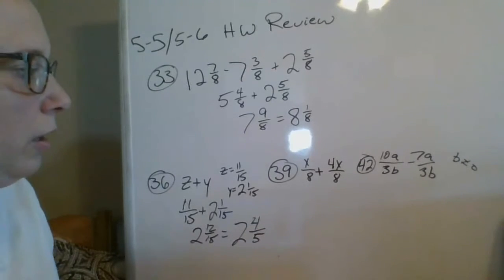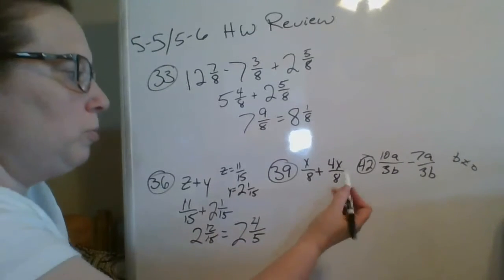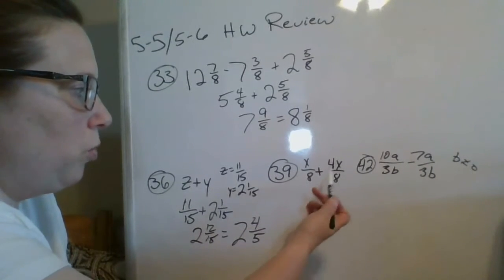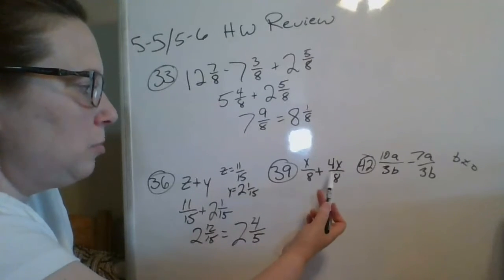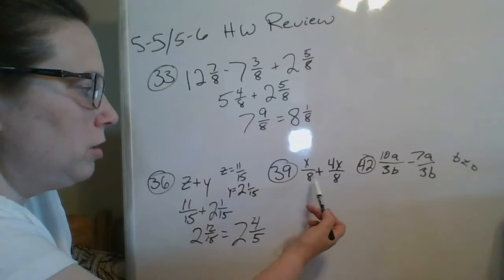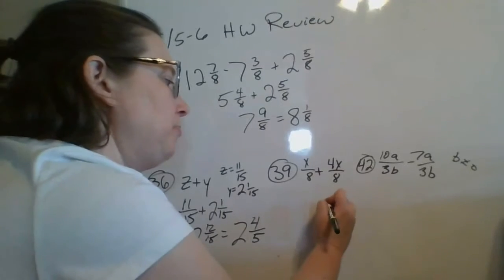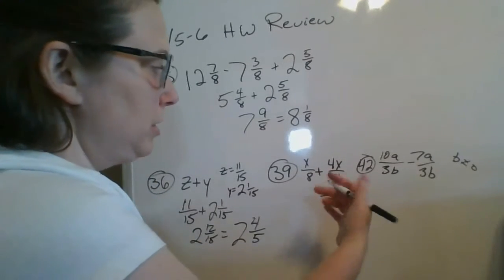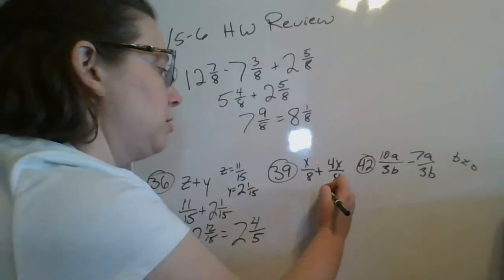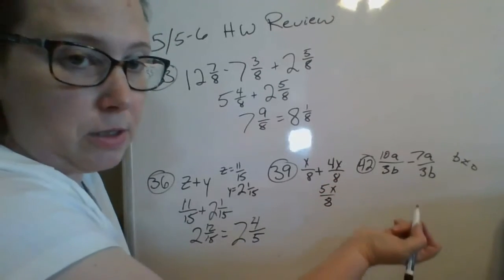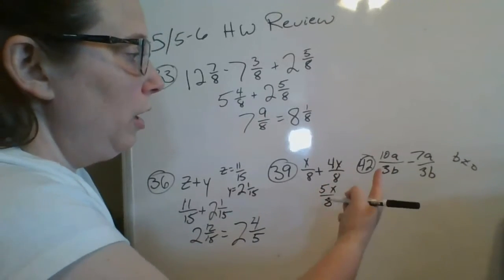Next up, we have some variables that we do not know what they are equal to. We can add these to simplify because our denominators are the same. So denominator would stay the same. Say I have 1x plus 4x's. So I have 5x's. 5x over 8.